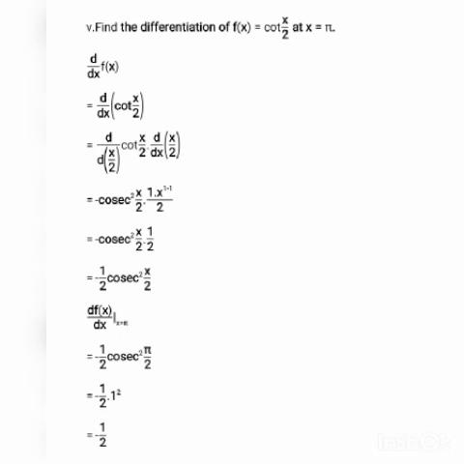Therefore, to find df(x)/dx at x equal to pi, we will substitute x by pi. That is, we will have minus 1 by 2 cosec square pi by 2. Now we know cosec pi by 2 is 1. Therefore, df(x)/dx at x equal to pi is minus half, where f(x) equal to cot x by 2.